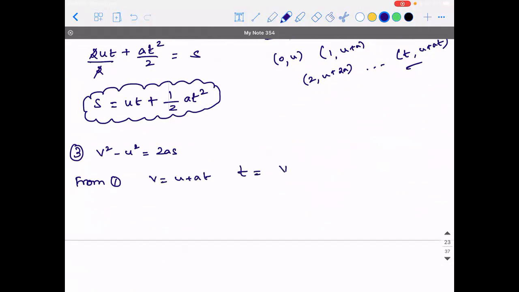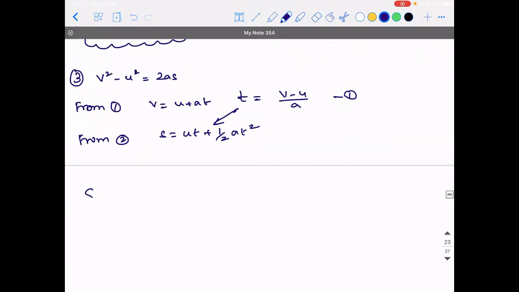So time will be v minus u divided by a. Let this be equation number 1. Similarly, from the second, we know that s is equal to ut plus half at square. Take this t and substitute it here. So s will be u into, what is the value of t, guys? It is v minus u divided by a, plus half into a into v minus u divided by a the whole square.